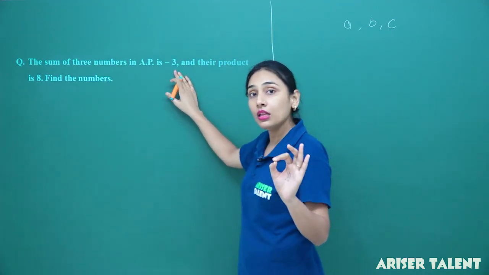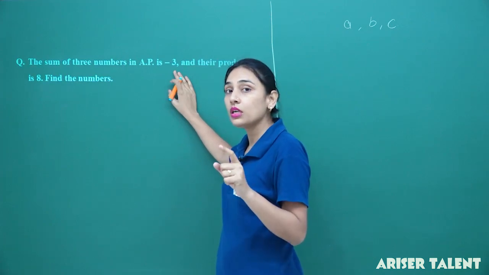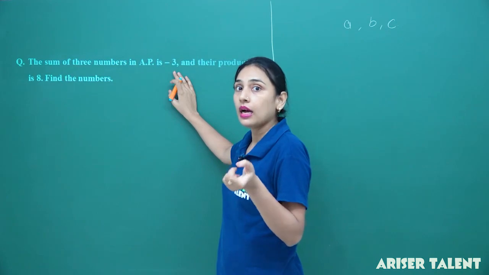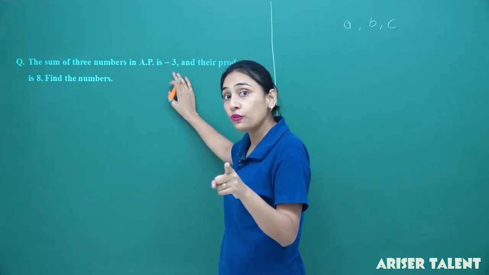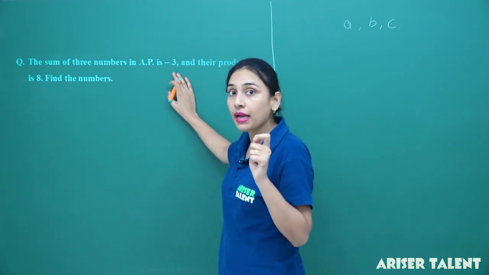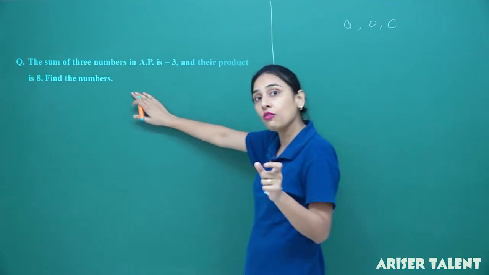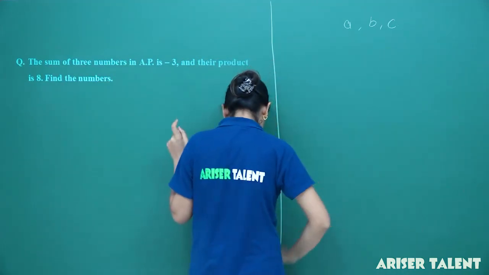Now recall what I have told you about supposition, how you will suppose numbers if it's given in odd or even. Three is odd, so ABC will be odd.